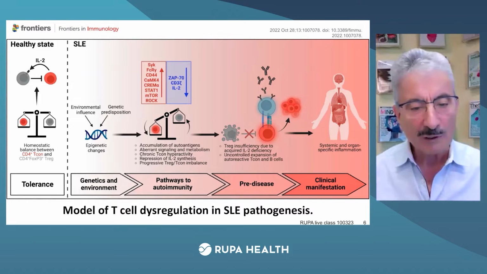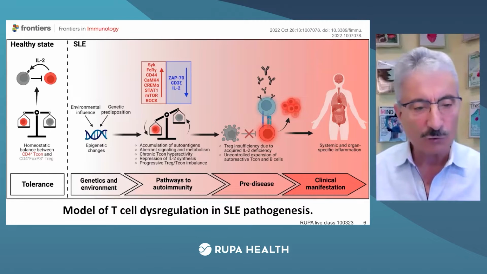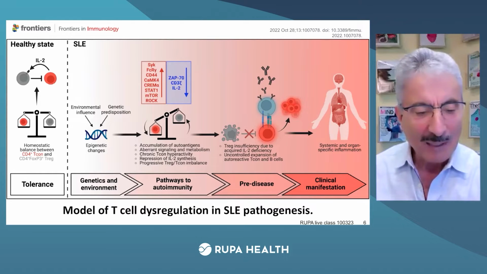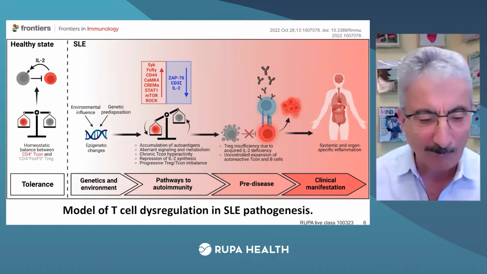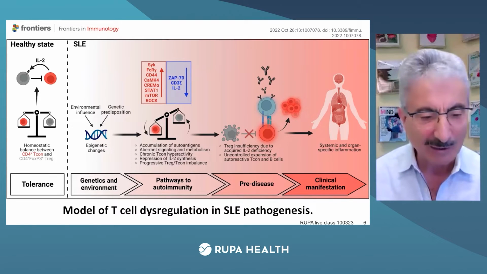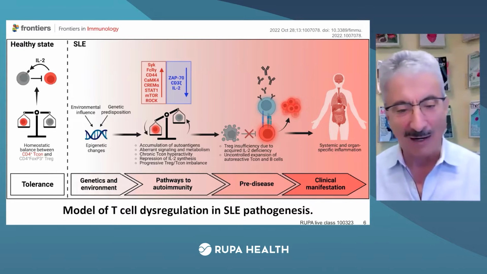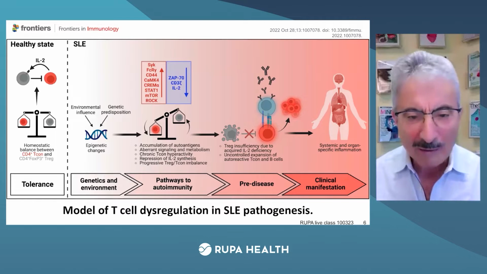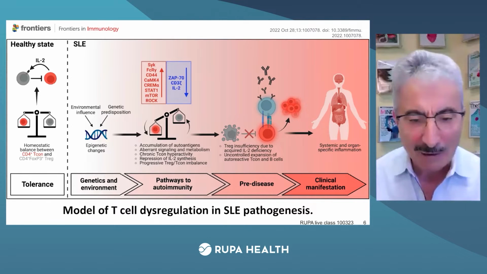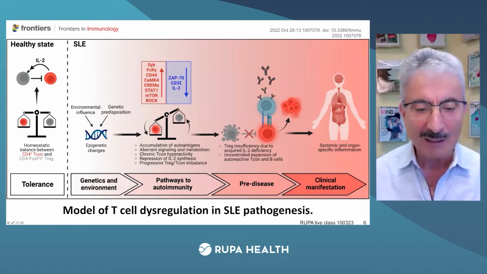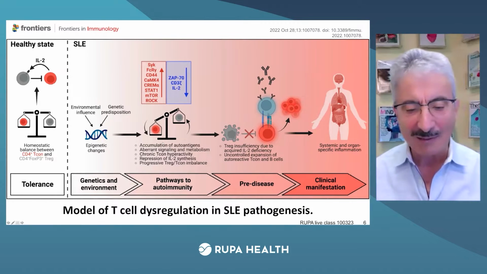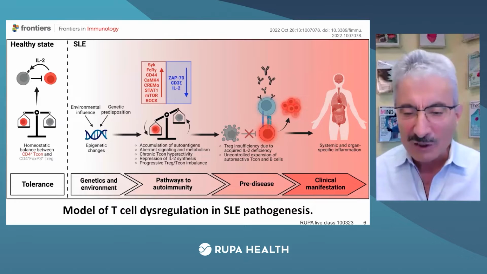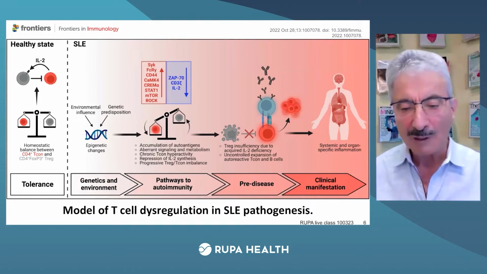No immune reaction against self-tissue antigens. But as I mentioned in relation to exposome factors, the epigenetics, genetics, and environmental factors can tip the balance in favor of too many Th1, too few regulatory T cells, right here in the middle. And that results in initiation of autoimmune reactivity.